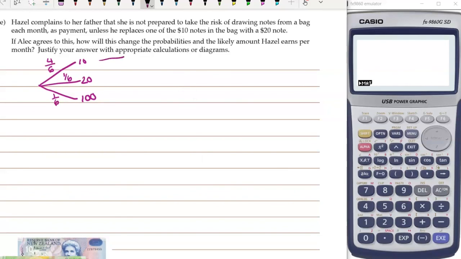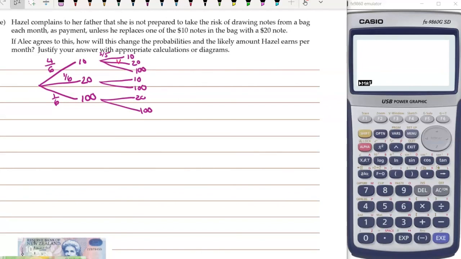If she picks a $10, she could pick another 10, a 20, or 100. If she picks the 20, there's only a 10 or 100 left. And if she picks the 100, there's a 20 or a 10 left. And let's pop those probabilities on. After the 10, we've got 3/5 left there. For the 20, I'm just going to change the color to make sure we can see that.